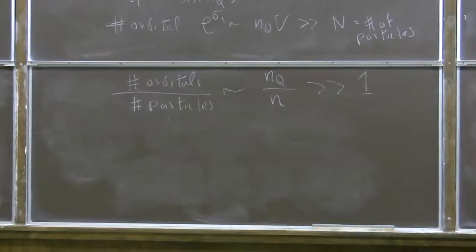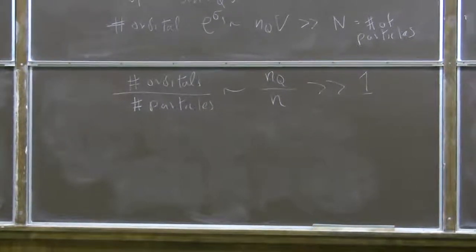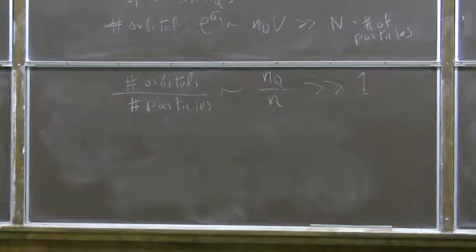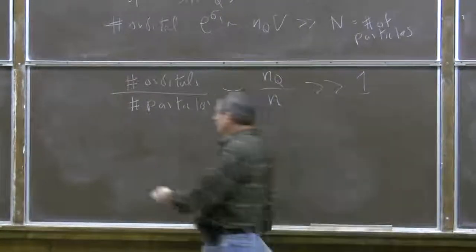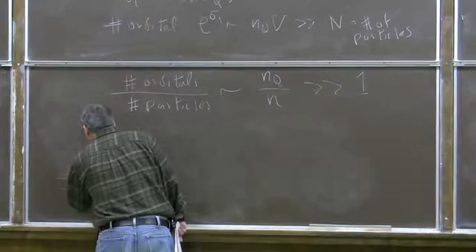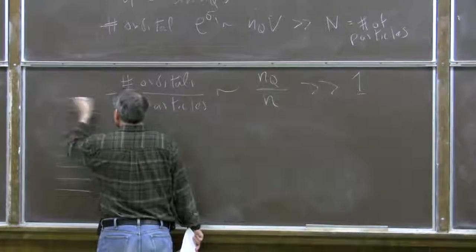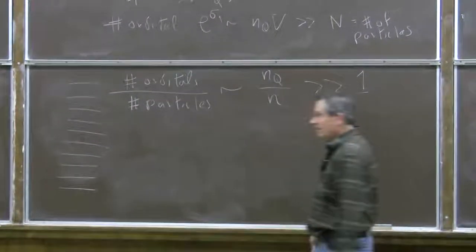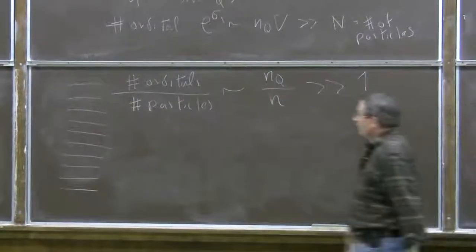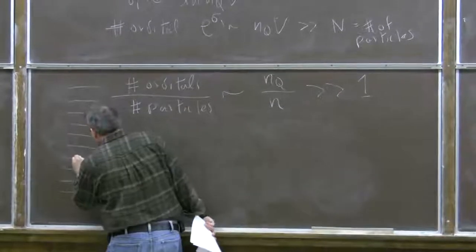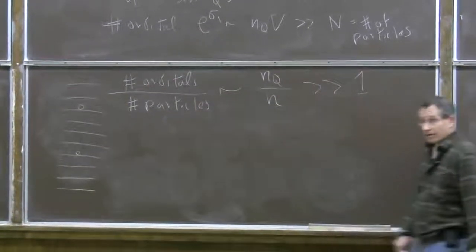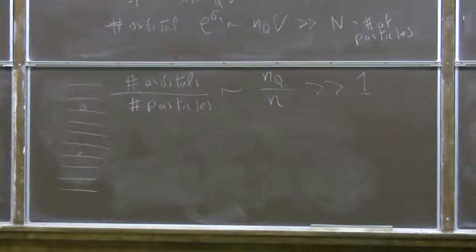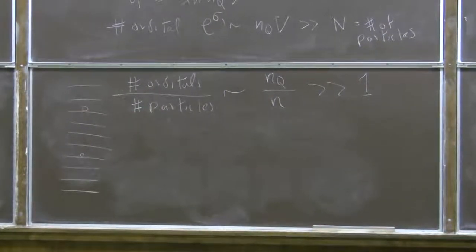So what that means is we don't have to worry much about an orbital being occupied by two different particles. The configuration of the gas at a given temperature, there are many orbitals that can be occupied, but many fewer particles than orbitals, and so most of the orbitals are empty. A few have particles. Very rarely will there be two particles in the same orbital.